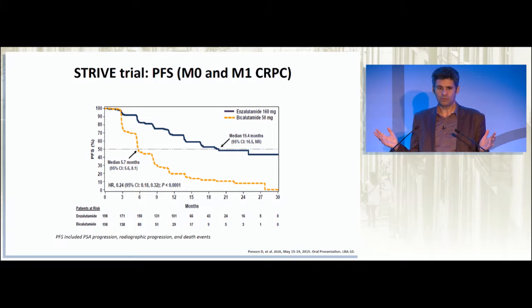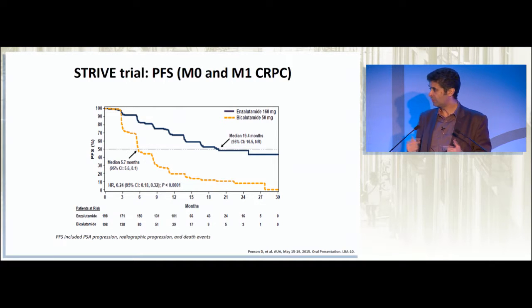Either you say, well, the next generation drugs are better, so we should just forget about bicalutamide or these drugs and go straight to enzalutamide or abiraterone in a patient first progressing on castration. Fine, this is supported by this data. It's better for PFS. Or you might say, the next generation drugs are good, but very expensive.